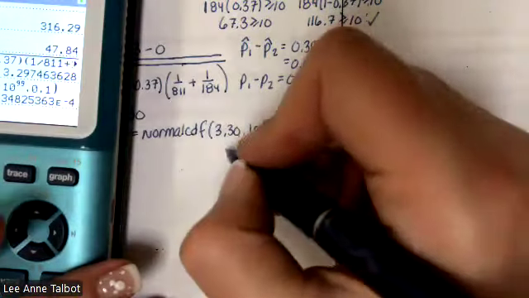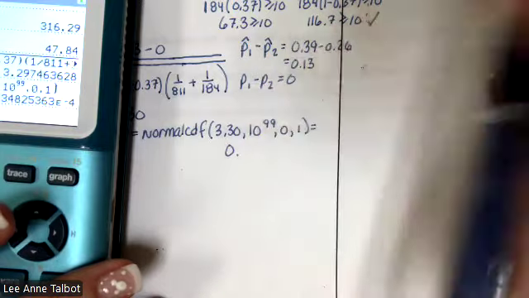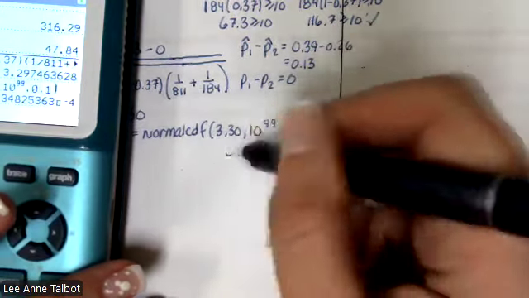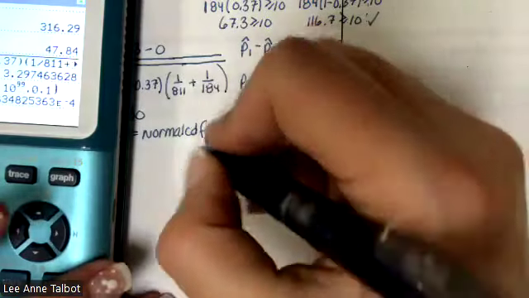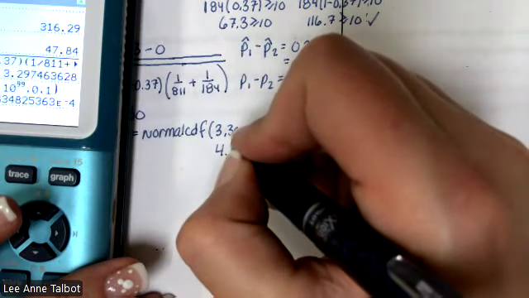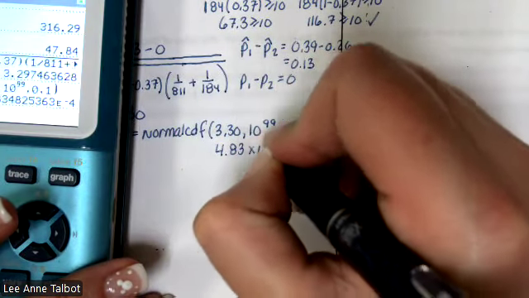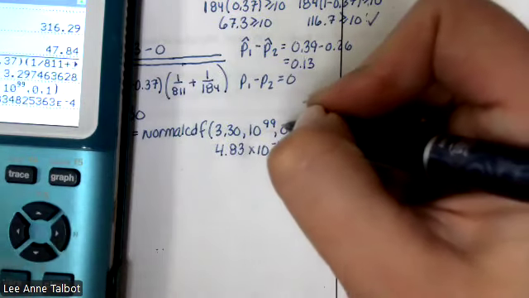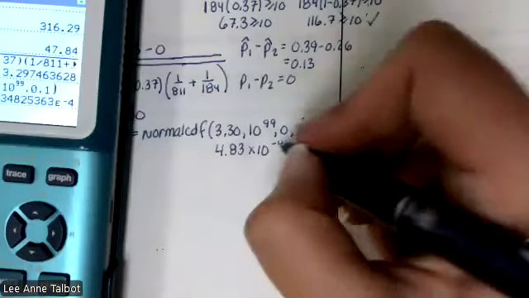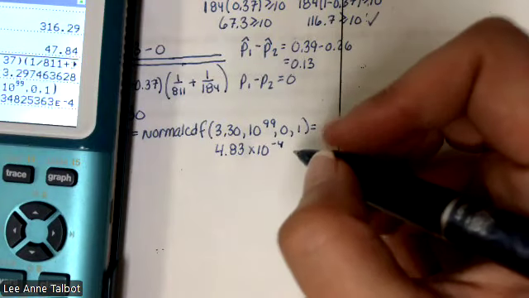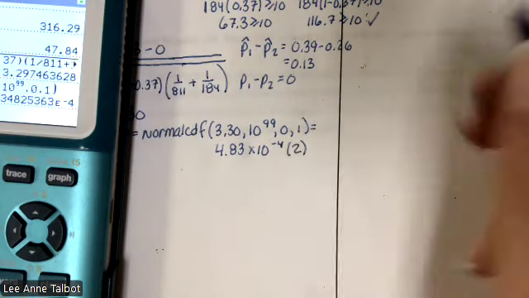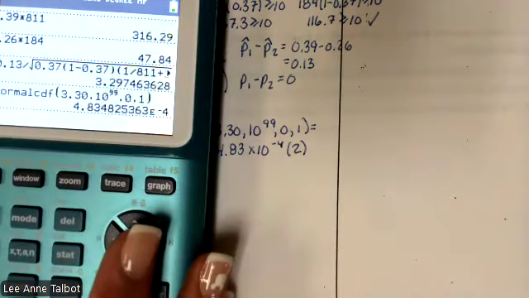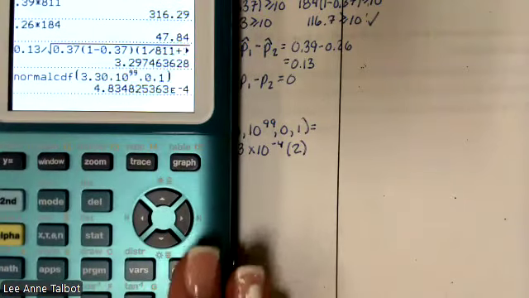Okay, so let's write it in scientific notation: 4.83 times 10 to the negative 4. And then because it's not equal to, we're going to multiply that by 2 because it's got both tails.